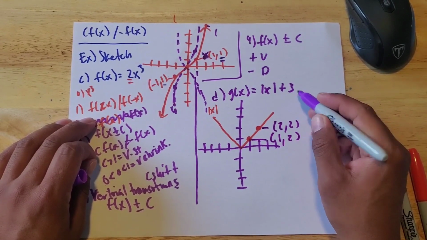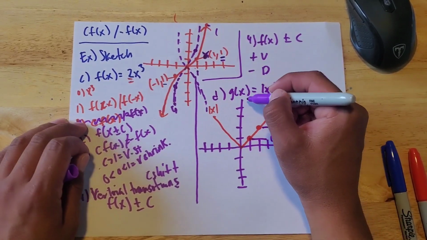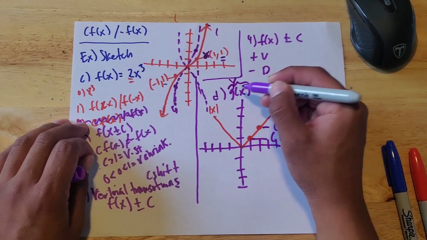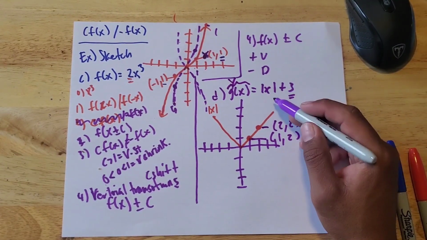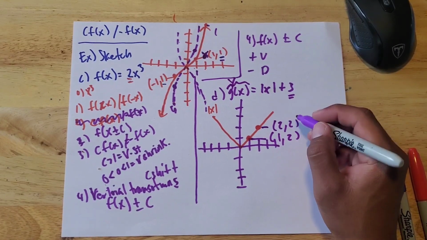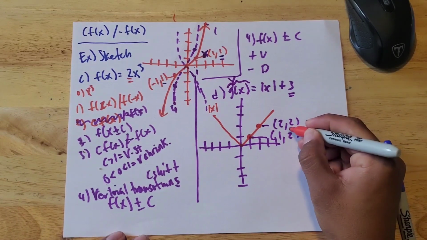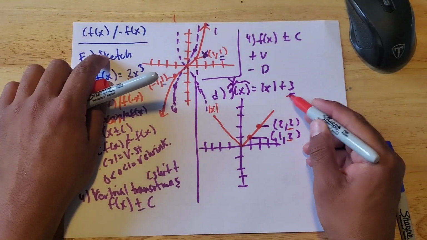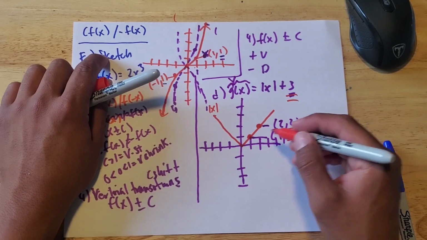Now, everything's happening, because don't forget, this f of x is y. So when we're adding to outside, it behaves the way it's supposed to. So I'm going to look at these y coordinates now instead of the x's, and I'm going to add the 3 to them.